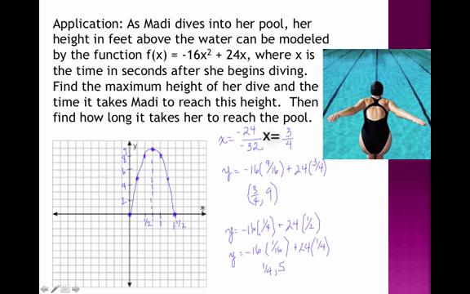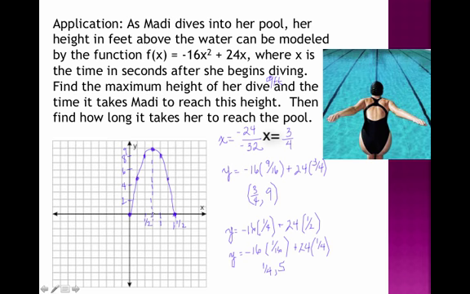So we asked several questions here. It asked me the maximum height of her dive. Well, the maximum height is the vertex of my parabola, so I know that my y value at that vertex is 9 feet. So the maximum height of her dive is 9 feet. And it asks me how long it takes her to reach that height.